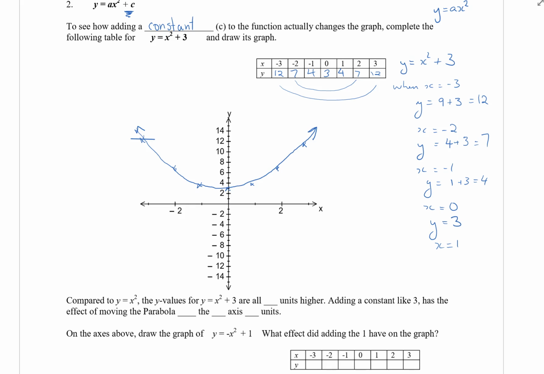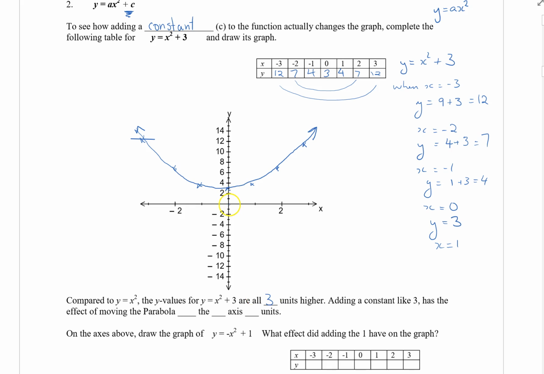And so I've made an attempt to graph that, and again, it's not a nice smooth graph, but hopefully you'll get the idea. So again, we compare this graph to y equals x squared, and we make some observations. So compared to y equals x squared, all the y values are 3 units higher.